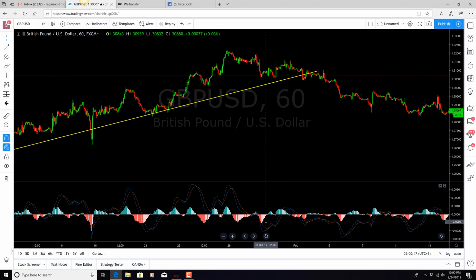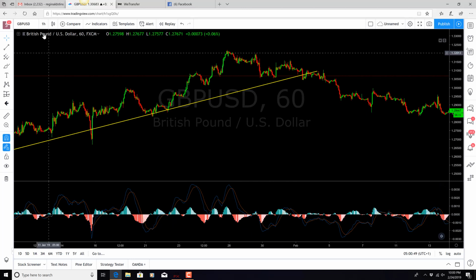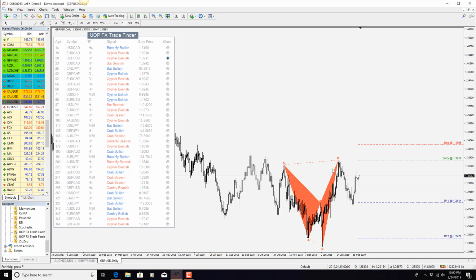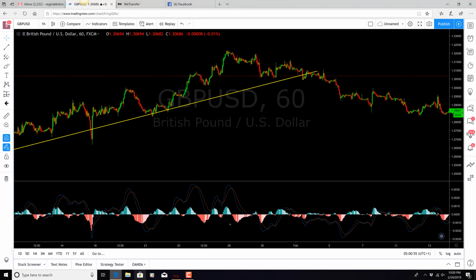This is on the hour time frame, using confluence. This is the daily, but I dropped down to the hour time frame and drew my trend line. It went up a little bit, but then came back down strongly. You notice it crossed over and the red is darker.